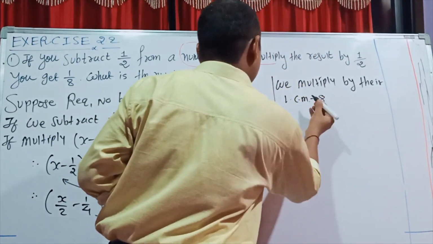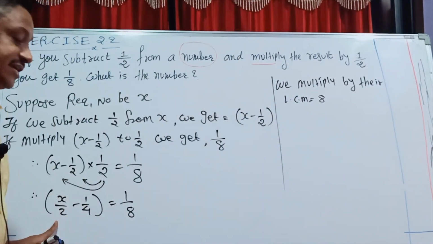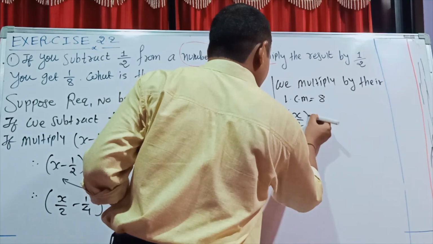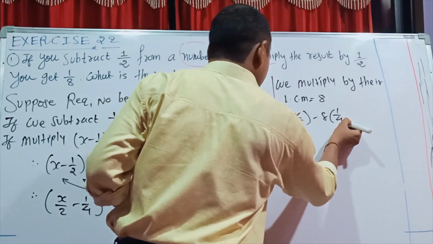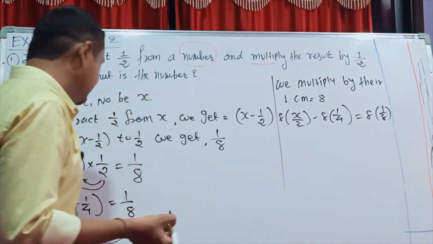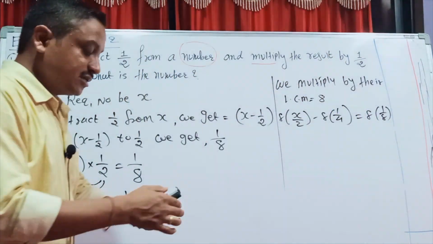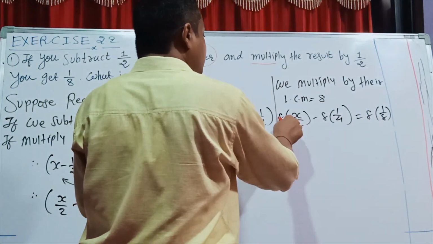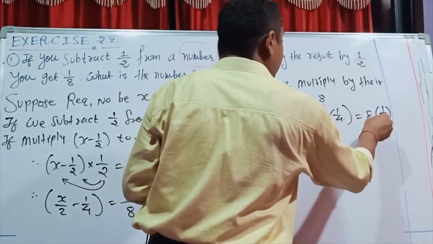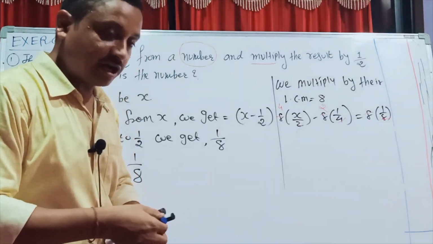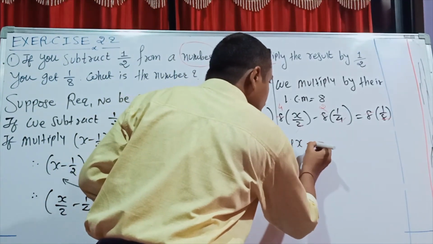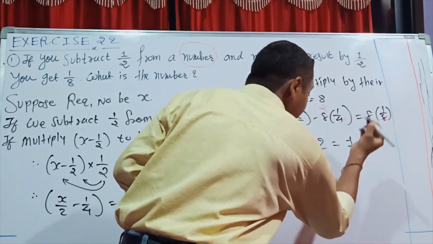So each term is multiplied by that LCM. 8 multiply x by 2, 8 multiply 1 by 4, and 8 multiply 1 by 8 is as it is. Finally, 2 4s are 8, 4 2s are 8, and 8 you directly cut out. So you get only 4x minus 2 is equal to 1.